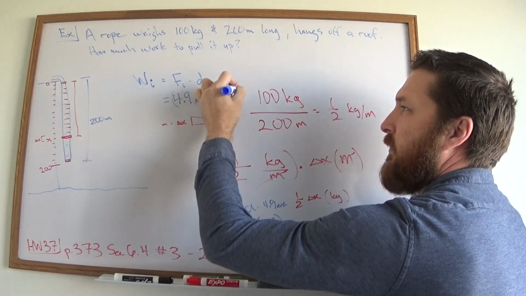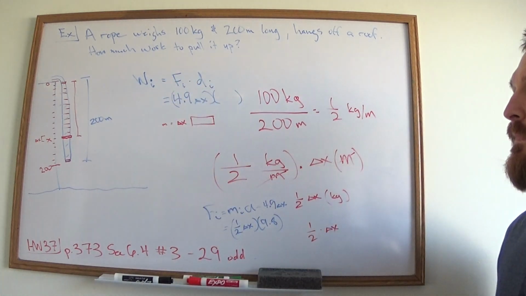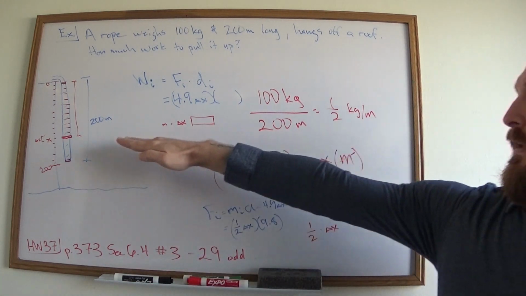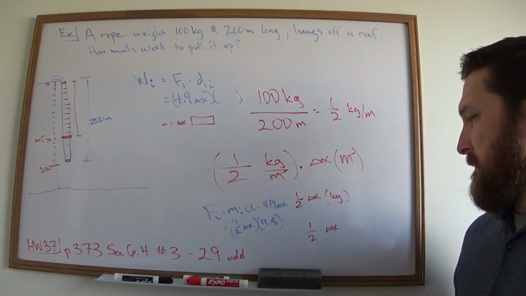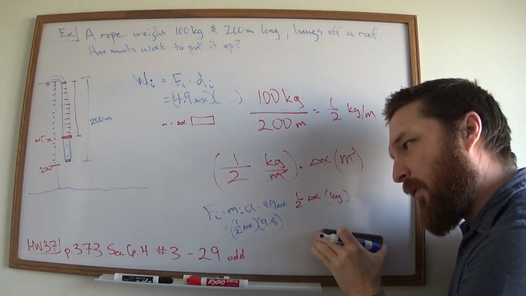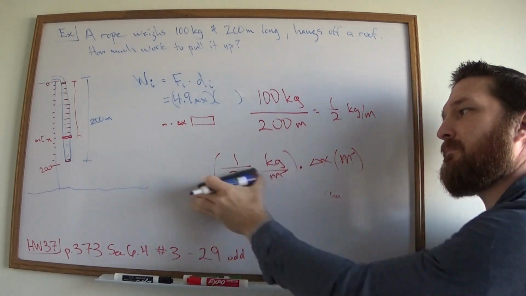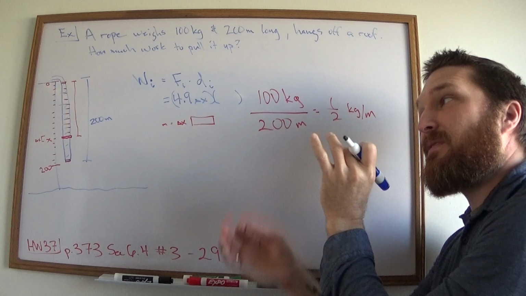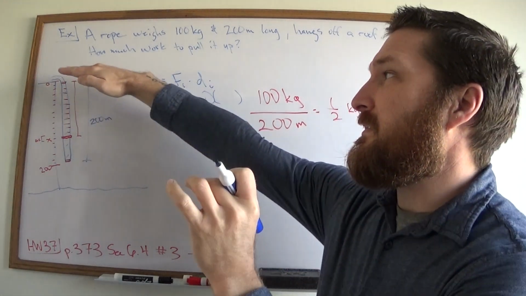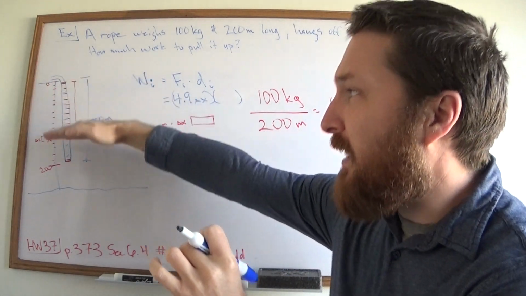Now I need to find out what is the distance I'm applying it through. I have to take this ith bit and bring it through what? How high? x. In this case, the way that I've set it up, it's just x. You may want to set your stuff up differently with different problems. You might want to set this up as something like 200 minus x.